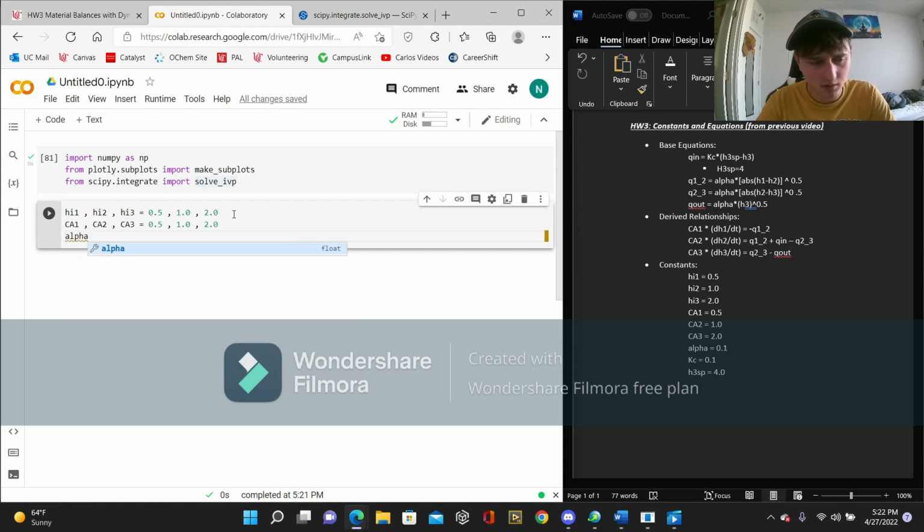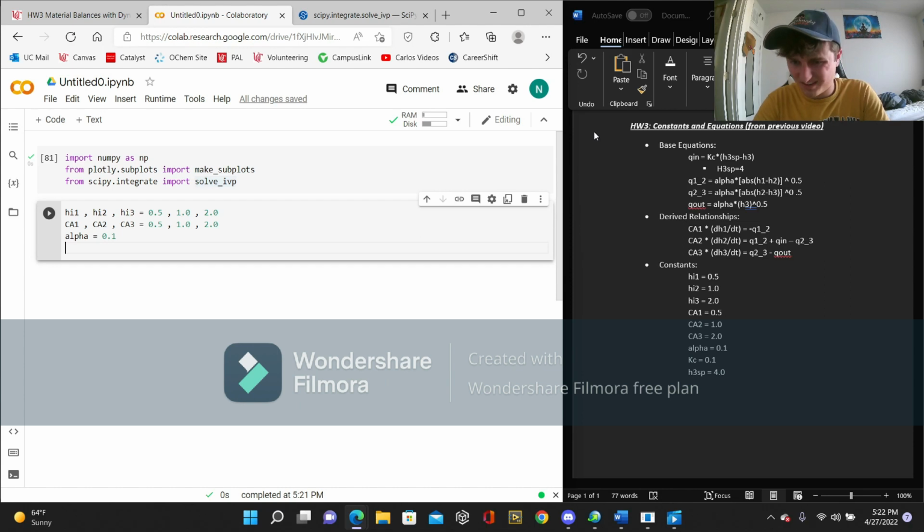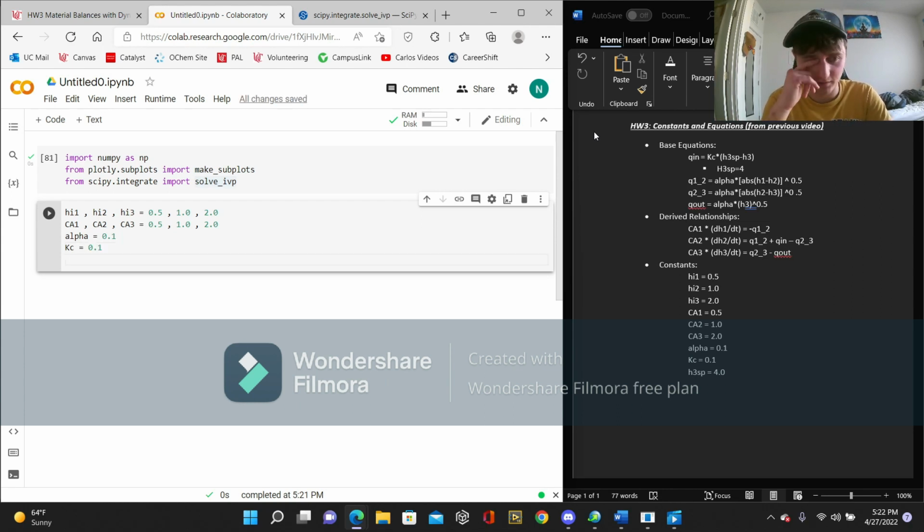And alpha. As I might have previously stated, we could do alpha 12, alpha 23 for the flow between 1 and 2 and the flow between 2 and 3, but they're all the same, so for ease we are just going to leave that as alpha. After that, we have our Kc, which is our proportionality constant for the flow rate in, which is also 0.1, but it helps to know that it's used for flow in, not flow between.